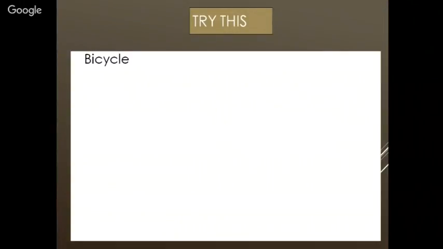Now you try this. Yeah. Just because there is a cycle in it, it's not bicycle, it's bicycle. Yes. This one? What did they do with Jayalalitha yesterday? They buried her. Buried her. Not buried her.